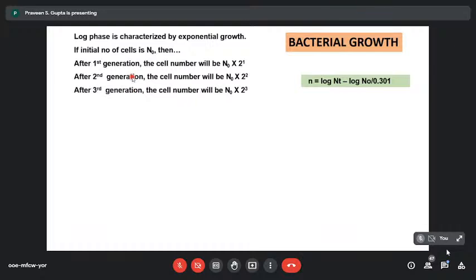If it is 100, of course, it is 200. So it increases two times. After the first division, in the next generation it is 2 to 4, in the third generation 4 to 8. So 1 to 2, 2 to 4, 4 to 8. The pattern will be like 2 to the power 1, 2, 3, etc.